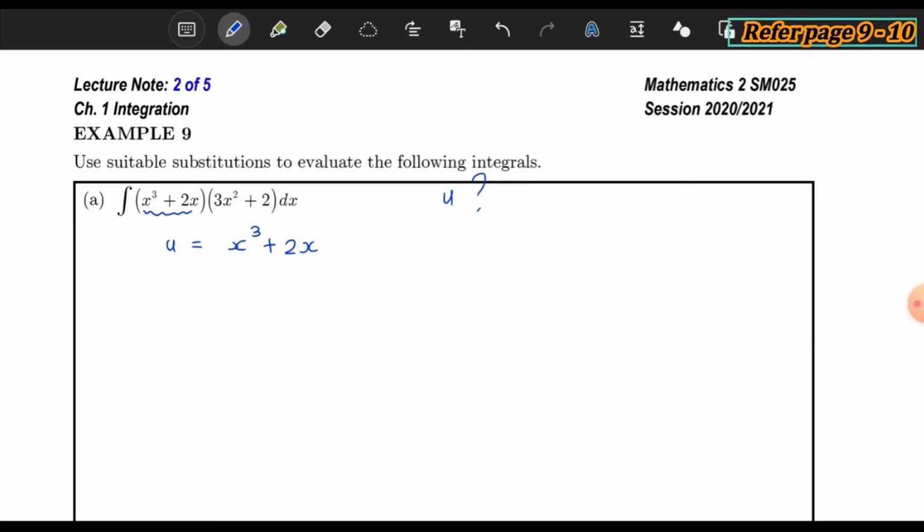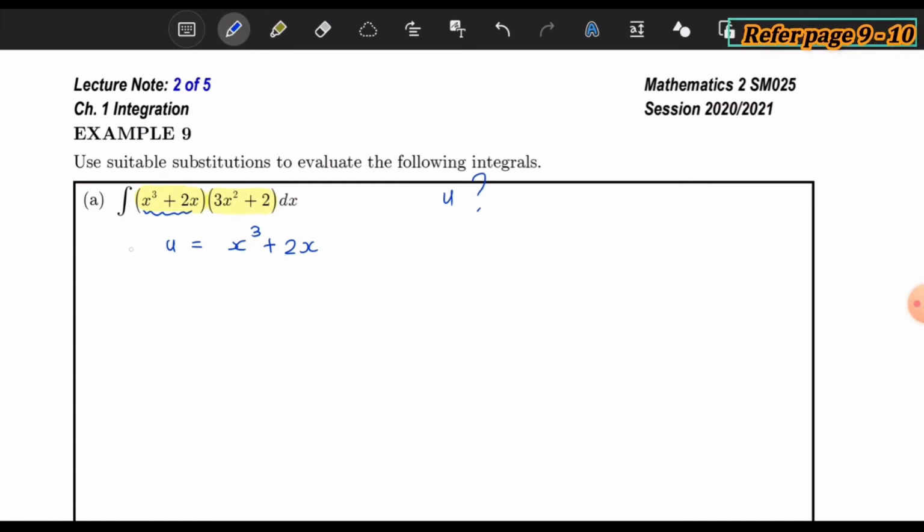Okay? And if you notice here, the first term is a polynomial function, and the second term is also a polynomial function. Both are from the same family. So usually we will use substitution method. Okay?